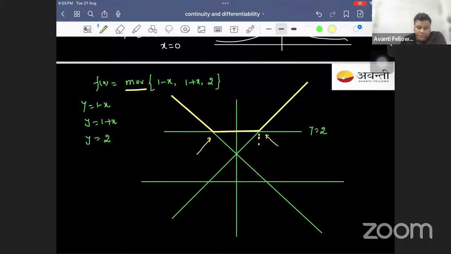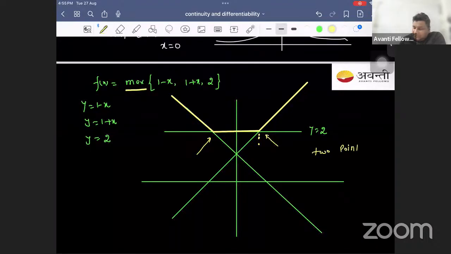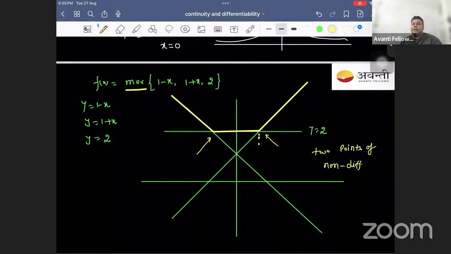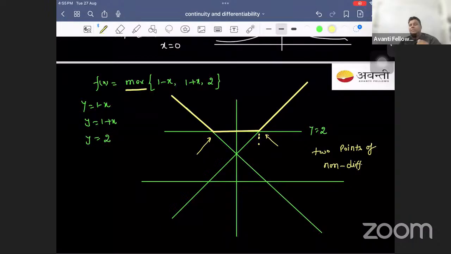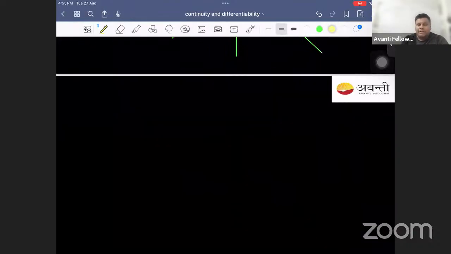So two points of non-differentiability. You just draw the graph and for individual x, check where the function is maximum. That will be your part of the function. Got it? One last question I will take.